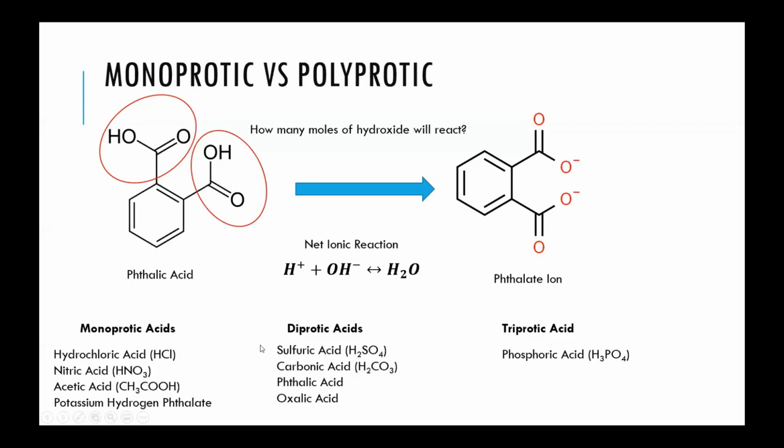But you'll also see diprotic acids, or acids that have more than one proton, like sulfuric acid, which is H2SO4, carbonic acid, and more carboxylic acids like this phthalic acid here or oxalic acid. You may even see triprotic acids such as phosphoric acid, which has 3 hydrogens for every 1 acid molecule.